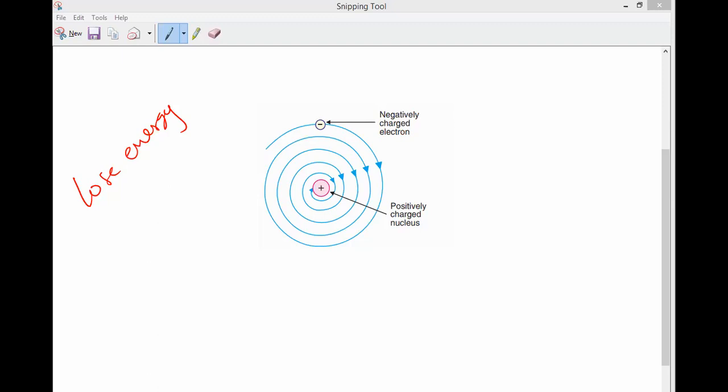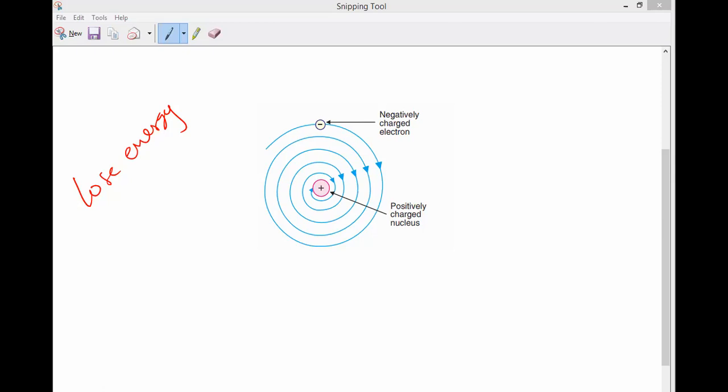Then the electrons are attracted more strongly by the positively charged nucleus. So suppose if I am attracting you towards me more and more, then what will happen, guys?